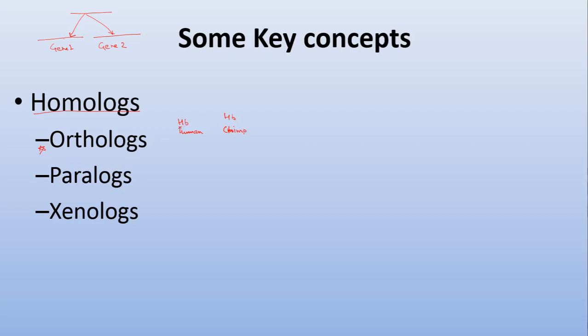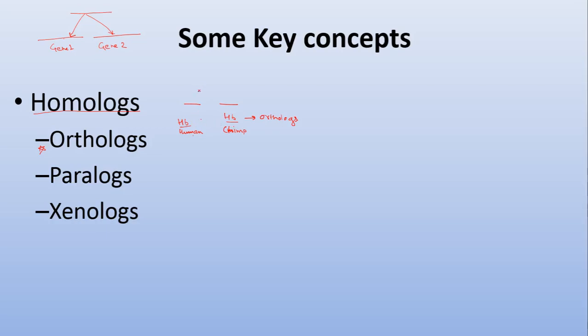Since hemoglobin performs the same function, genes that perform the same function but in different species are called orthologs of each other. So hemoglobin present in human is said to be orthologous to the hemoglobin present in chimpanzee. This is how you define an ortholog.